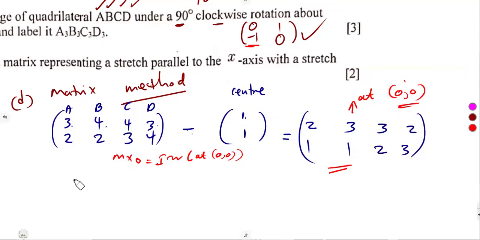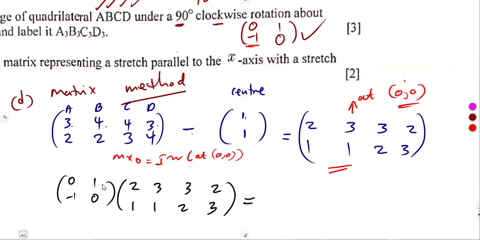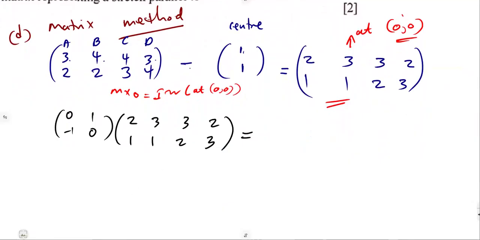So let's take our matrix, guys. 0, negative 1, 1, 0 like this times what? The object, which is at 0, 0, which is the 2, 1, 3, 1, 3, 2, 2, 3. So let's multiply row by column. So as we have this multiplication, the row by the column, and so on.